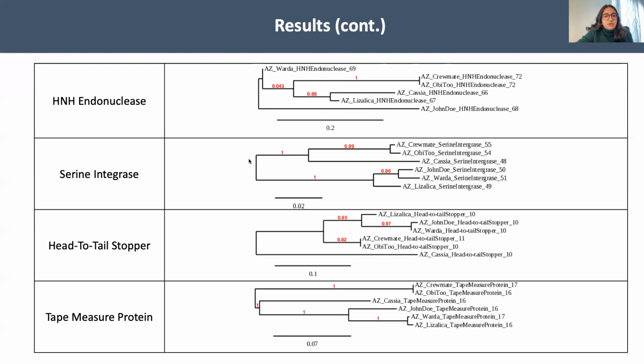We can see here, however, in the serine integrase protein that the bootstrap values are quite high, and these branching events likely did occur. Here we have a bootstrap value of 0.99. So it is likely that Crewmate and ObiToo are quite similar to one another, but different from the rest. And there's a 99% chance that this branching event actually did occur, and that they are quite evolutionarily different from the rest.